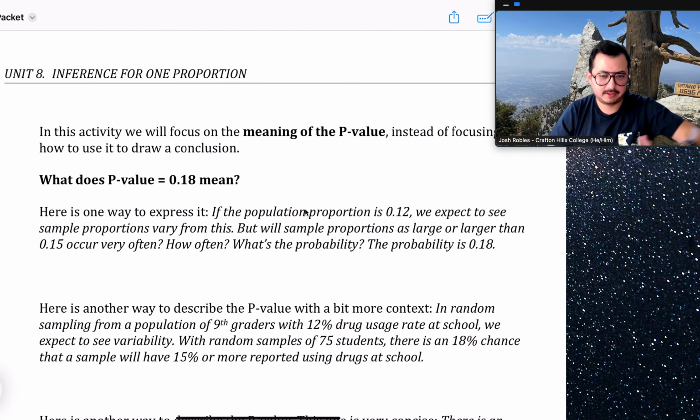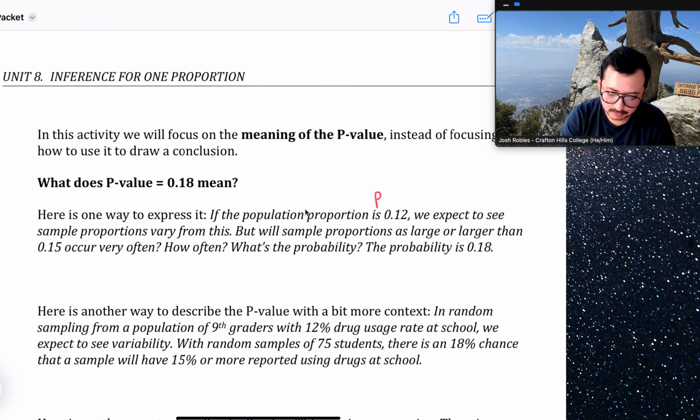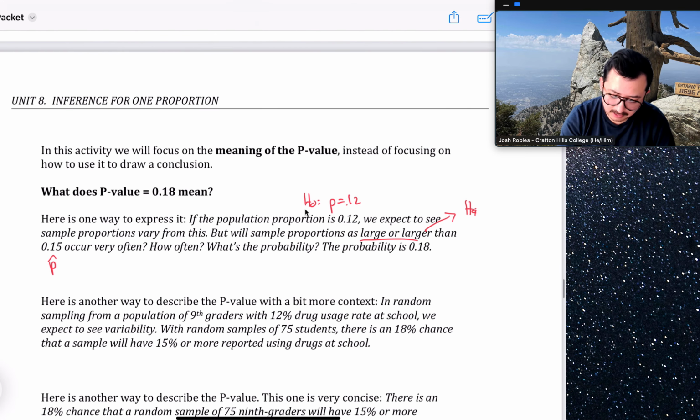Okay, so this one has a weird set of questions also, but if the population proportion is 12%, that was the hypotheses, the null hypothesis specifically. How often will samples as large or larger than 15% occur? This was p hat, and as large or larger was the alternative hypothesis, where we said that it should be greater.